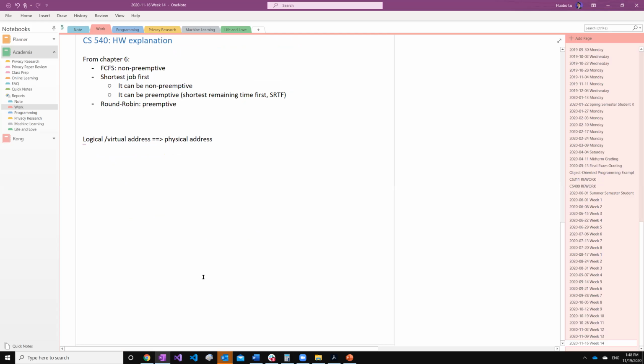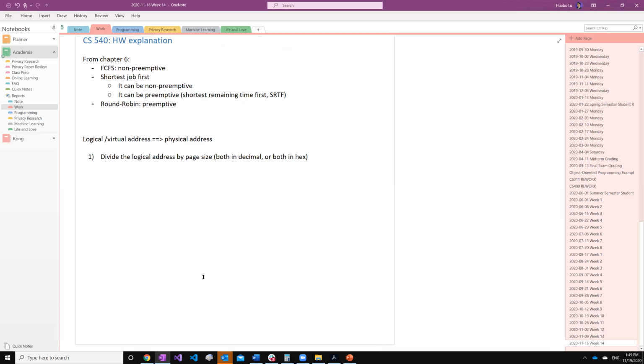Now what do we do? The first step: divide the logical address by the page size, either both in decimal or both in hexadecimal.